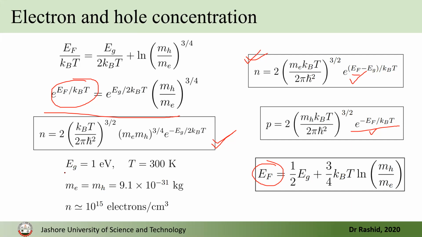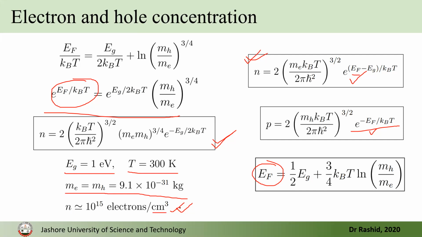So if we put Eg equals 1 electron volt, T equals 300 Kelvin, and assume that the effective masses of both the electron and hole are equal to the free electron mass, then it gives us the concentration of carriers or the electrons approximately equal to 15 billion in every centimeter cube.